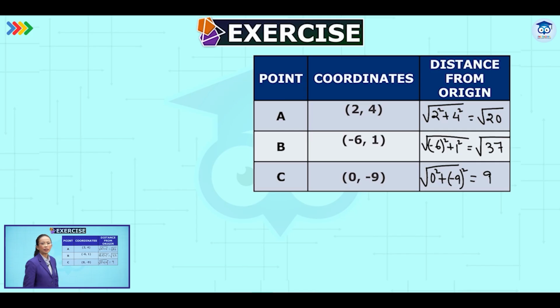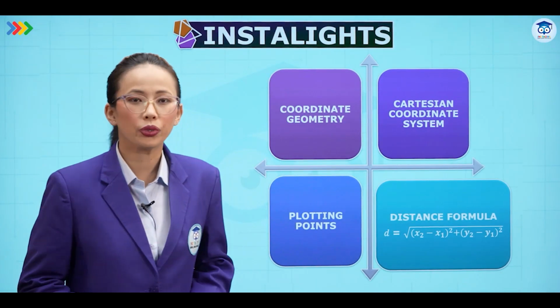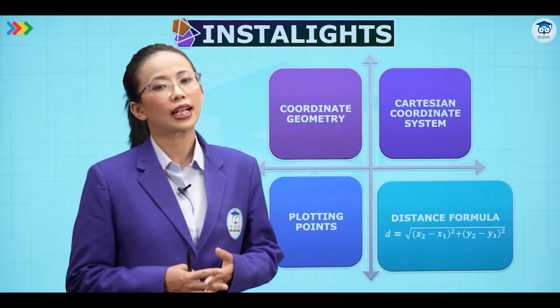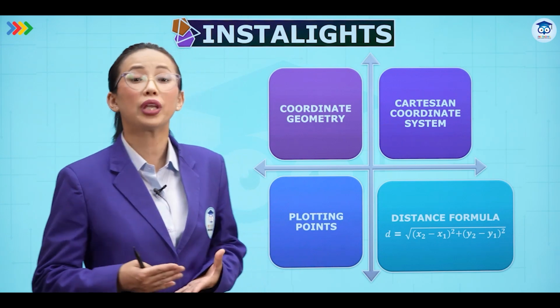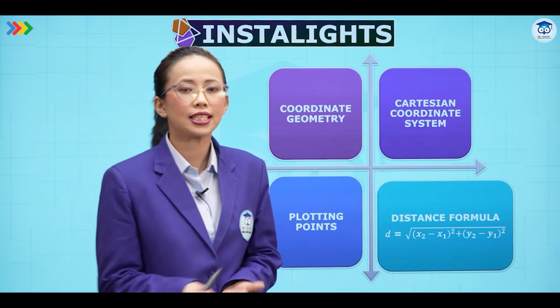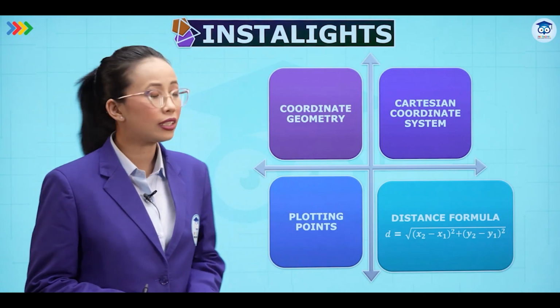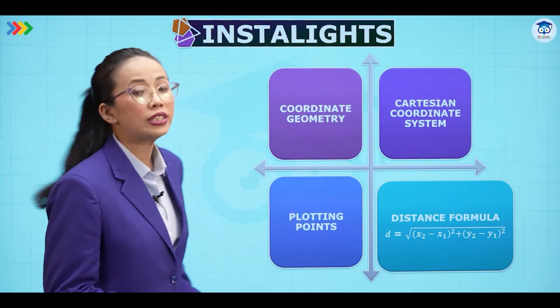This is very easy. So let's recap what we have learned in this video. In this video, we have understood the Cartesian plane consisting of the x-axis and the y-axis perpendicular to each other. The x-axis is the horizontal line and the y-axis is the vertical line. We have also learned about plotting points, right?